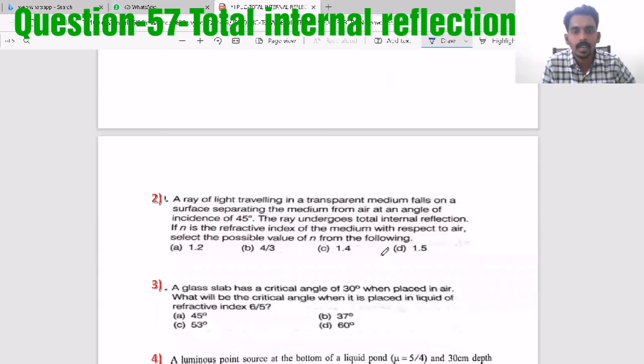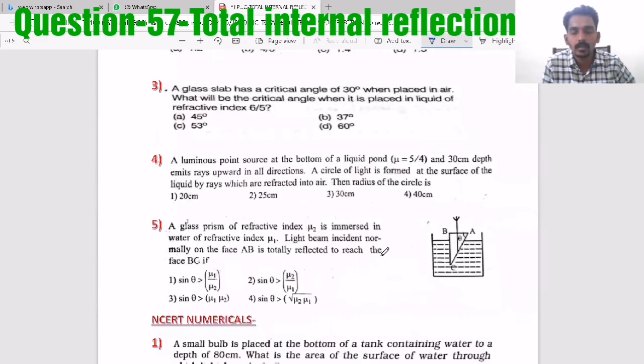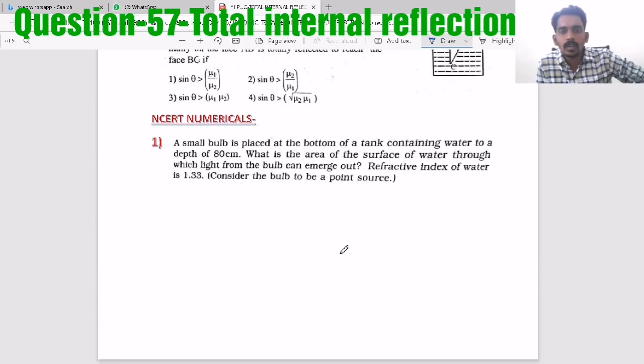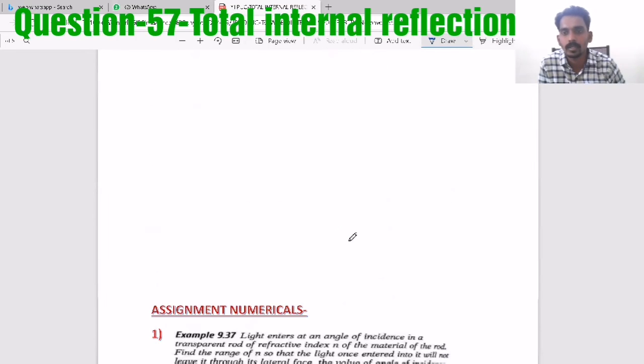So similar questions I have given as an assignment. So please try to understand and try to solve. And sometimes they will also ask questions based on the total internal reflection condition along with prism, that we will see when we study the prism concept. So only one question is there based on this in the NCERT. Just try to solve it.